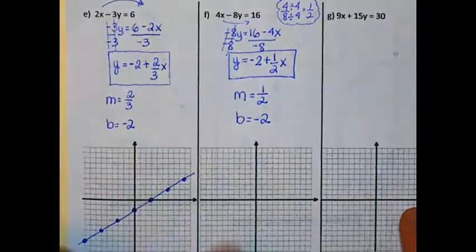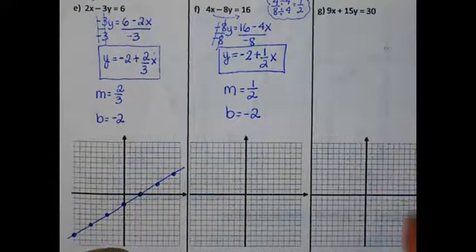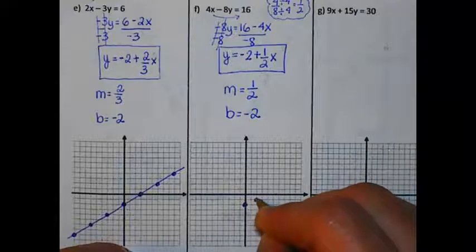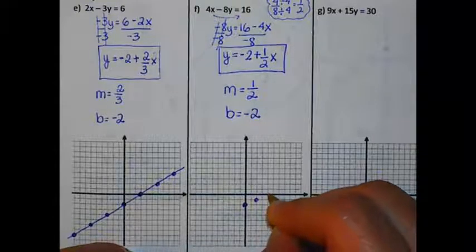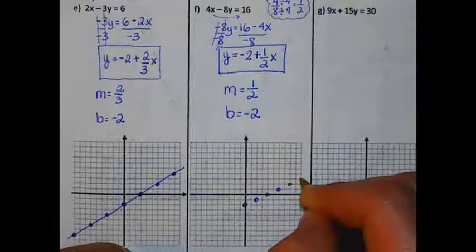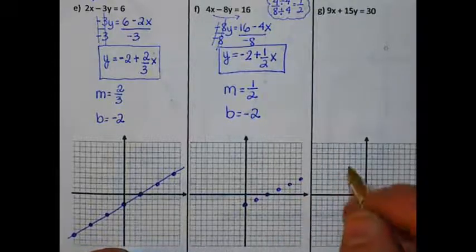So for this particular problem, we're going to start our graph at negative 2, and we're going to go up 1 over 2 to the right, up 1 over 2 to the right, all the way till we fill in the right side.